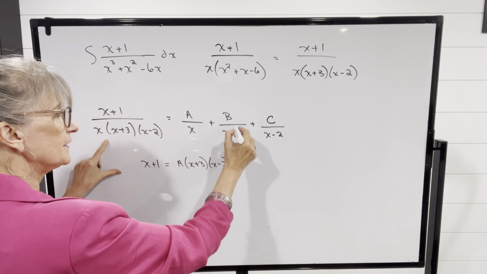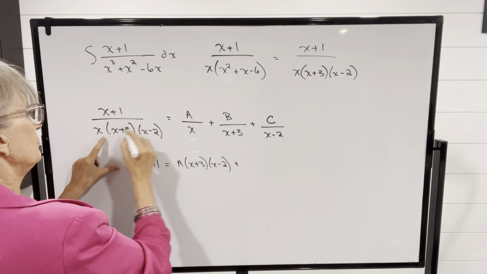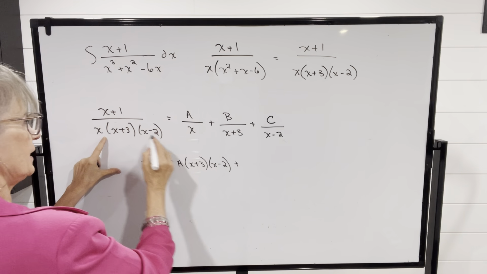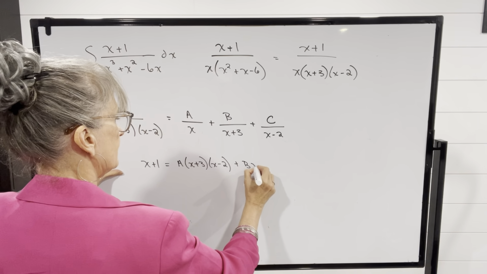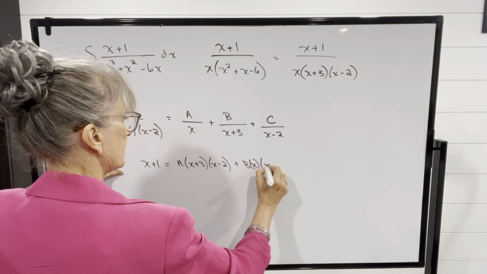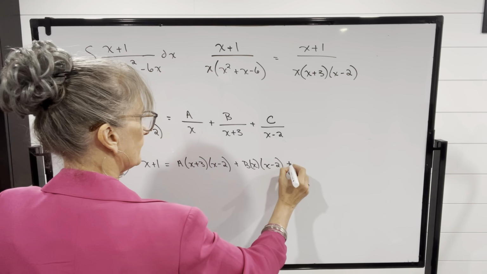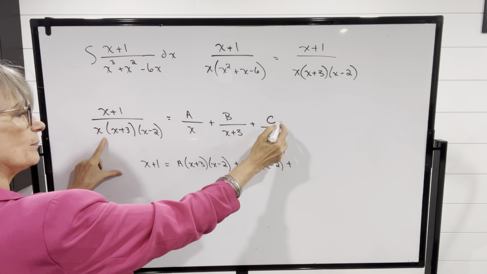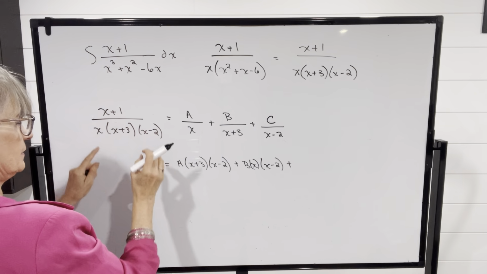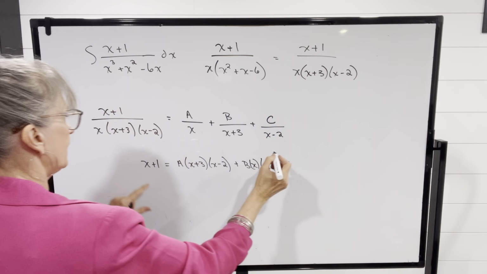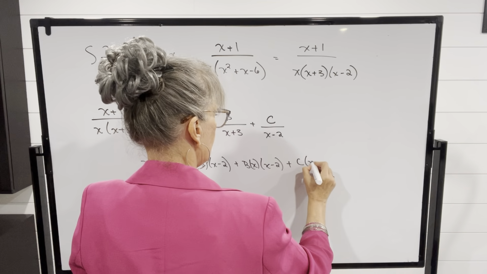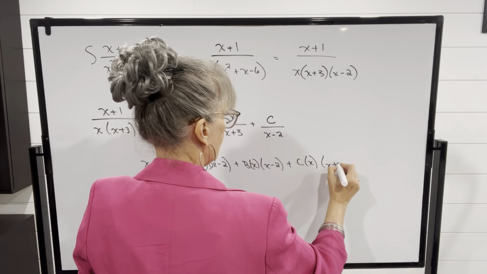When I multiply this fraction by this whole thing, the x plus 3 will cancel, so I'll have b times x minus 2. And lastly, when I multiply this term by this lowest common denominator, the x minus 2 will cancel, and I'll have c times x plus 3.